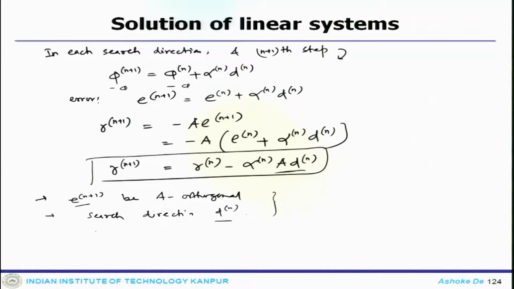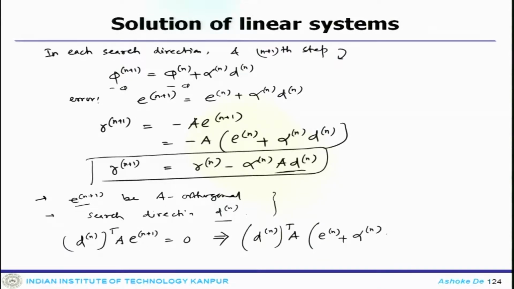Using this A orthogonality condition between E and d n, one can express this condition as d n transpose A E n plus 1 equals 0, which will be d n transpose A times E n plus alpha n d n.